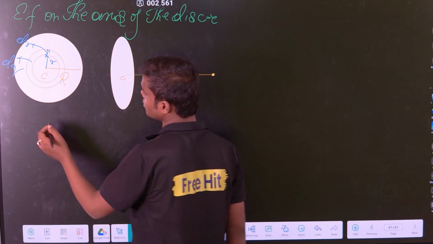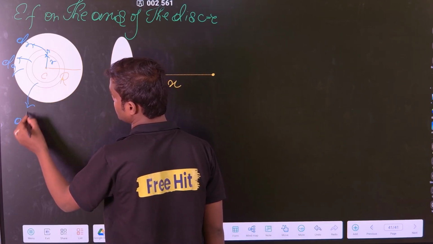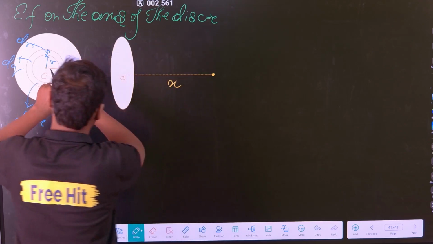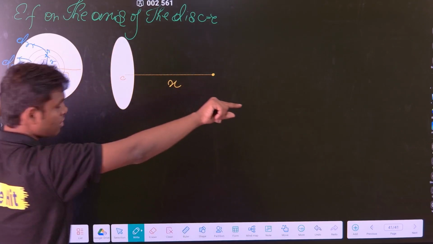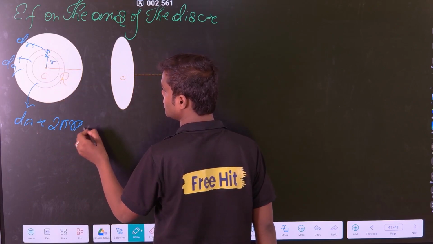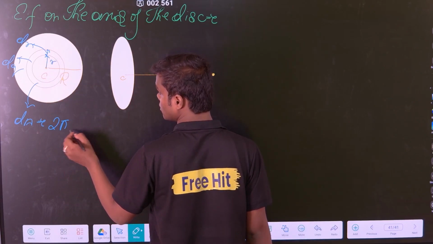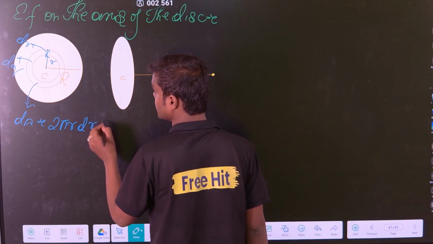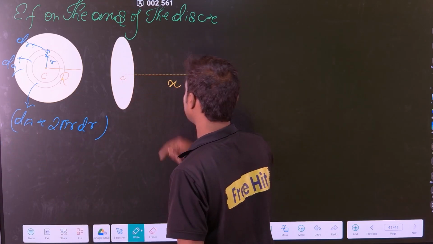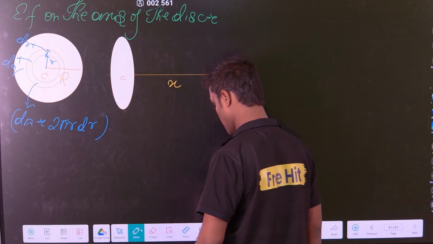So what is the area dA of this element? Just take this element and open it. The length will be 2 pi r, and the thickness is dr. Length into breadth is my area, dA. Similarly, we have to take the element here also.